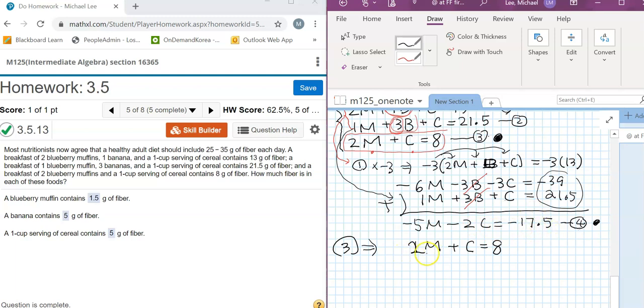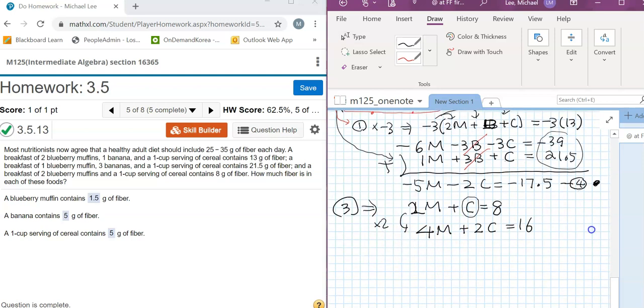So I'm going to multiply equation 3 by 2, because I'm going to make this one 2c. So 4m plus 2c equals 16. I multiply this by 2. And then I'm adding 4 with this.